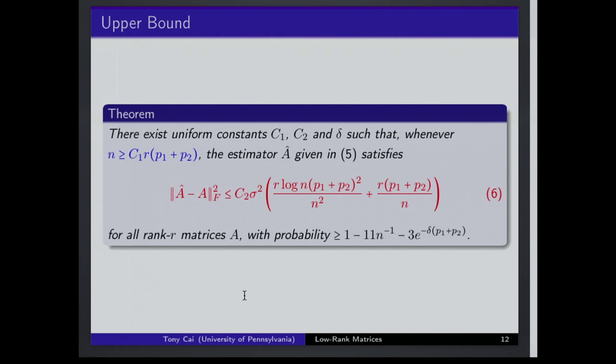And the 2 features of this result, one is that we have been assuming that the measurement error Z follows a Gaussian distribution. In particular, if sigma is 0, that means that you have exact measurements without measurement error. Then this side obviously is 0. It means that you will recover the matrix exactly with high probability.